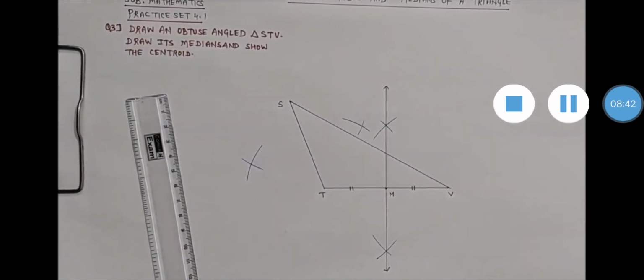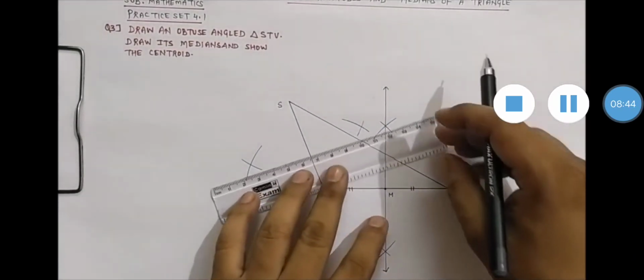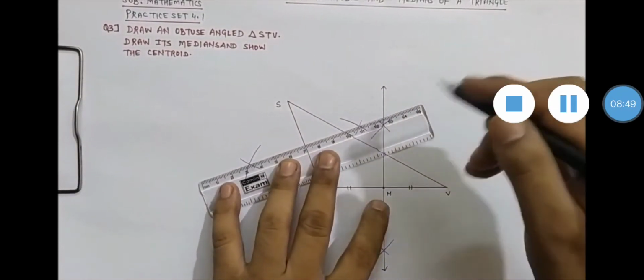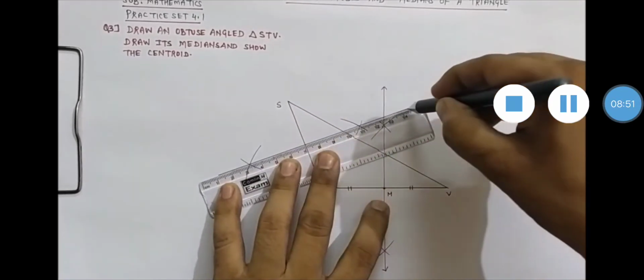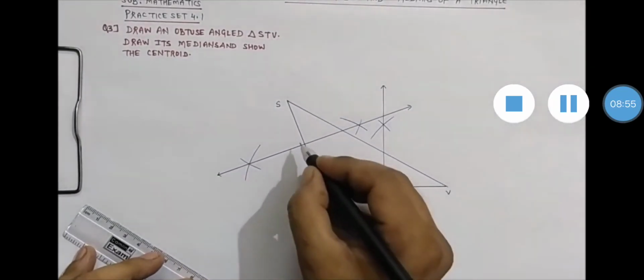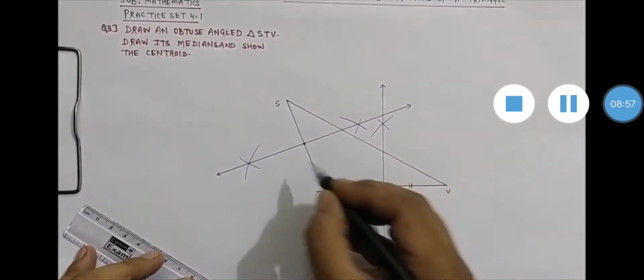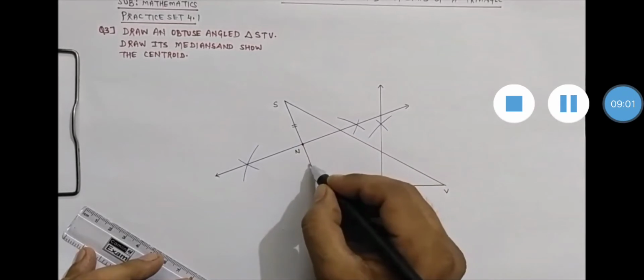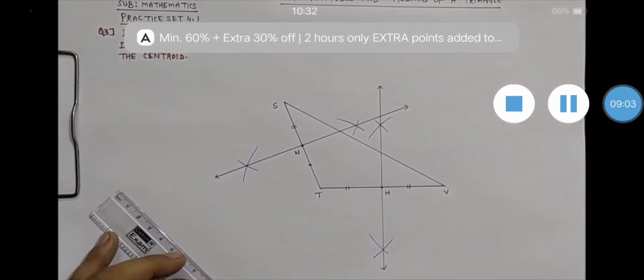Now join both the arc points. Name it as point N. Now SN is equal to NT.